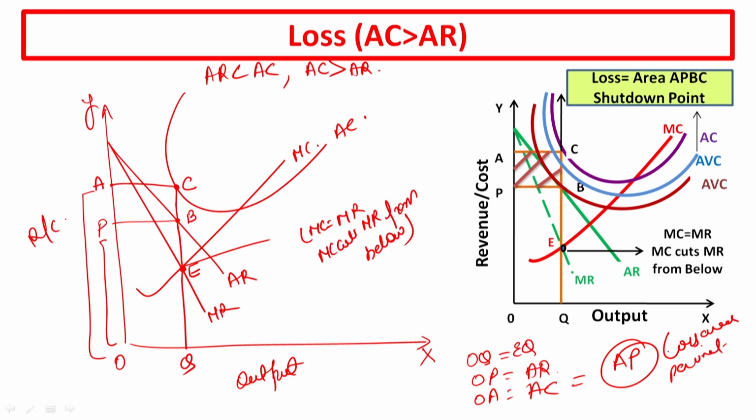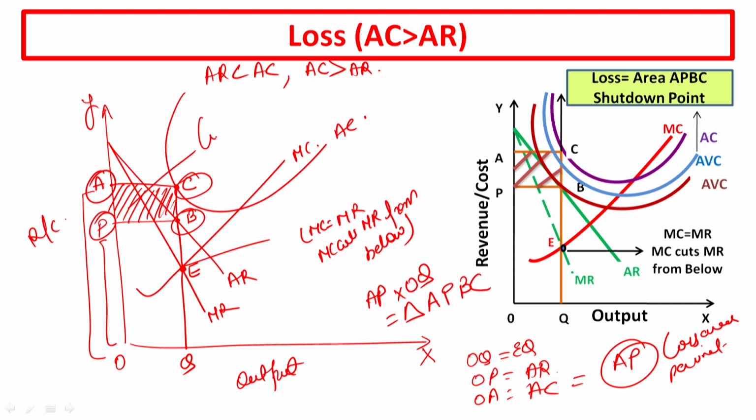So when you multiply this per unit loss with the quantity, you will get the total loss, which is equal to A, P, B, C. This is A, P, B and C. So this entire area is your loss area.